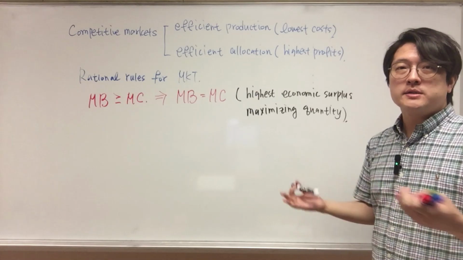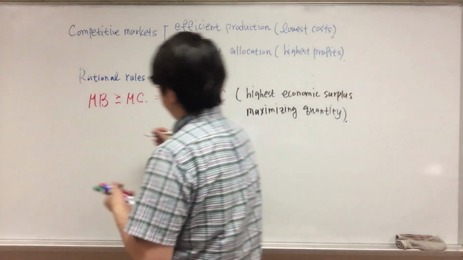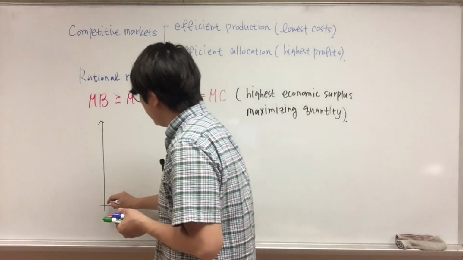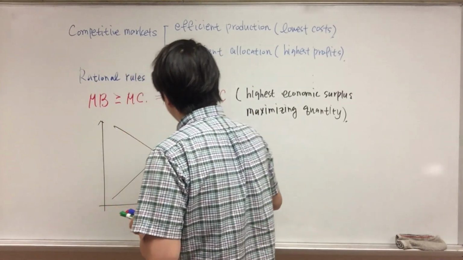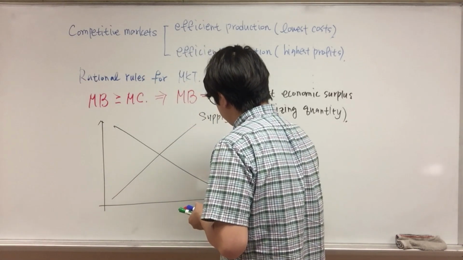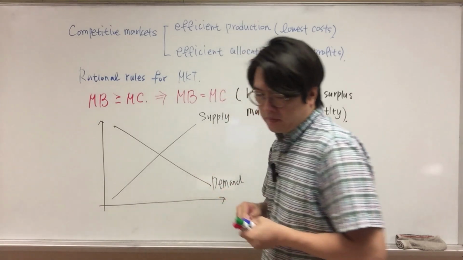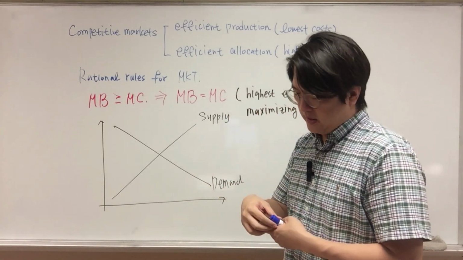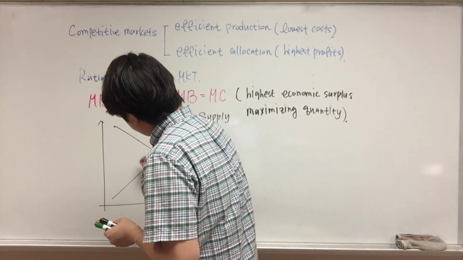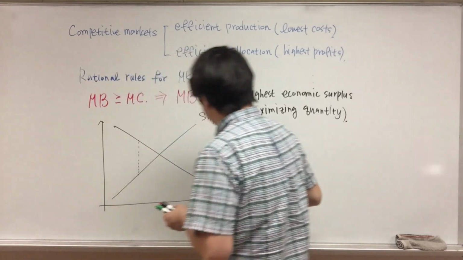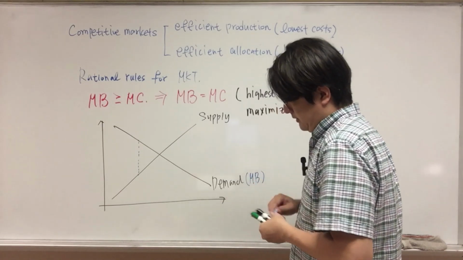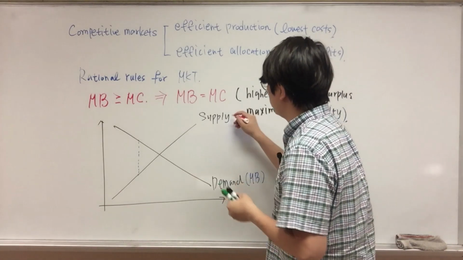Okay, so let's think about the graph in the market. We have the supply curve and demand curve. So let's think about this point here. As you know, the demand curve is the marginal benefit curve and the supply curve is the marginal cost curve.